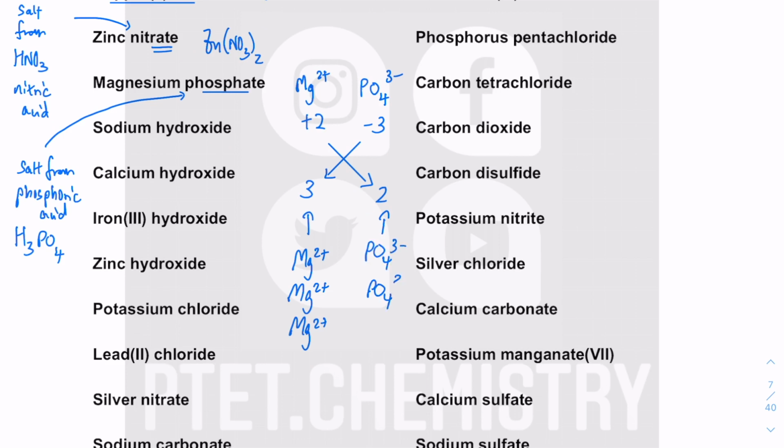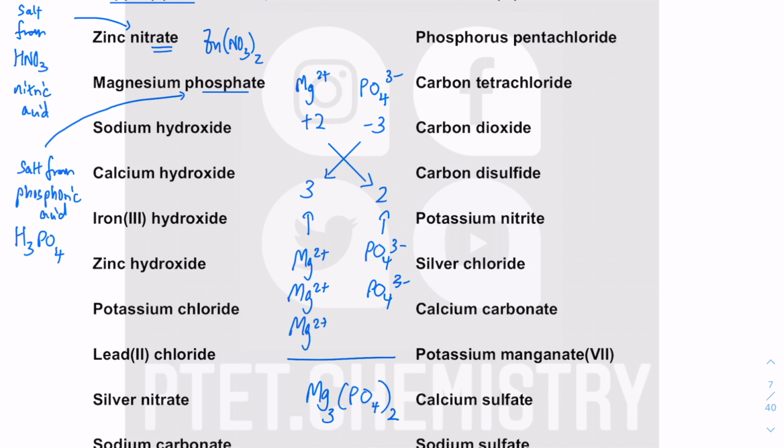And I have 2 of the PO4 3-. Hope you can see that plus 2, plus 2, plus 2 give you plus 6. Minus 3 and minus 3 give you minus 6. Plus 6 minus 6, the overall compound has no charge. Now there are 3 Mg2+, and then put in a bracket, there are 2 of the PO4 3-. As you can see, that's what this number represents.